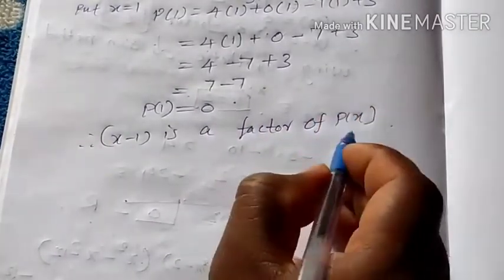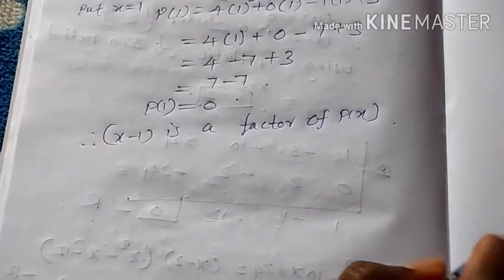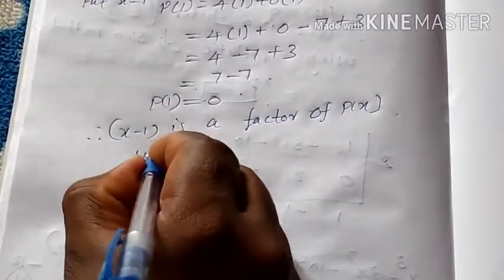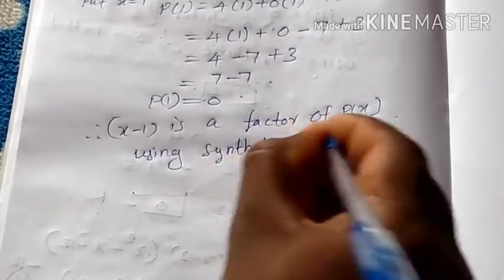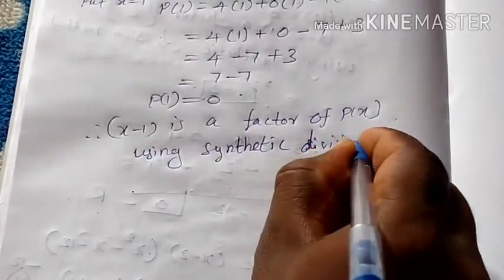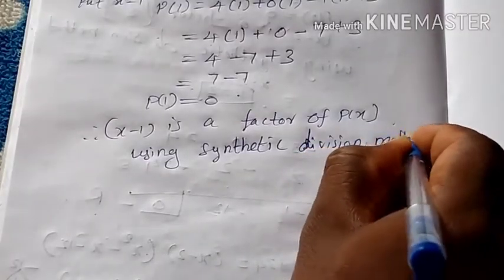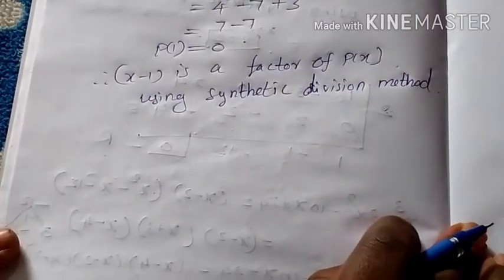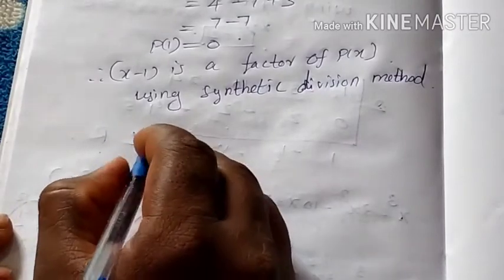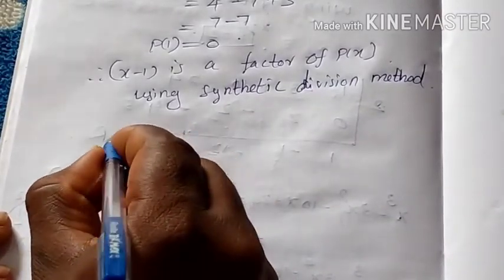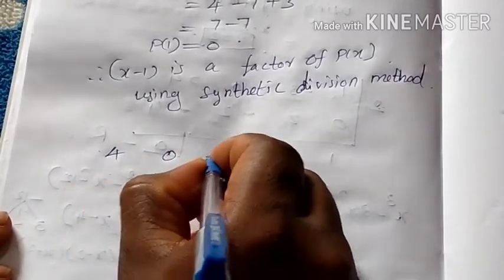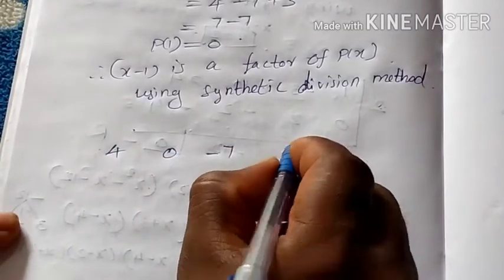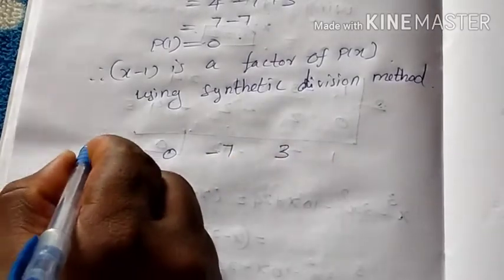The p of x is the given polynomial. Then using the synthetic division method, write the coefficients of the polynomial: x cube coefficient is 4, x squared coefficient is 0, x coefficient is minus 7, and the constant is 3.